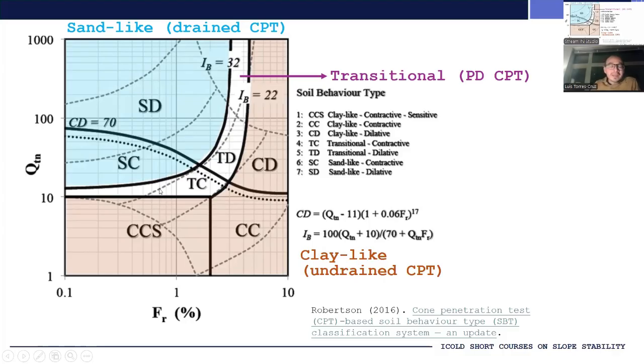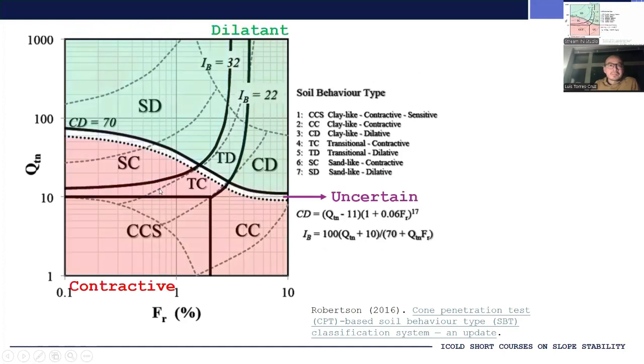And the second way in which the chart is divided is into whether the soil is dilatant. That would be this green area over here. That's why you see all these areas labeled with a D as the second letter, right? Sand-like dilatant, transitional dilatant, clay-like dilatant. Or whether the soil is expected to be contractive, and this area over here being an area of uncertainty.